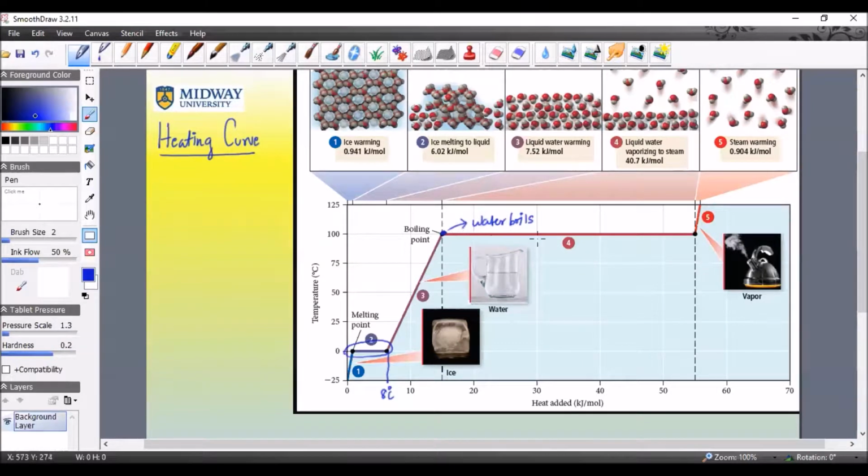That is this phase right here, where liquid and gas are existing in a dynamic equilibrium. That is, whatever is liquid is becoming gas, and whatever is gas is coming back to liquid. Now, as I've already said, liquid to gas is evaporation, and gas to liquid is condensation. This dynamic equilibrium exists in this region.